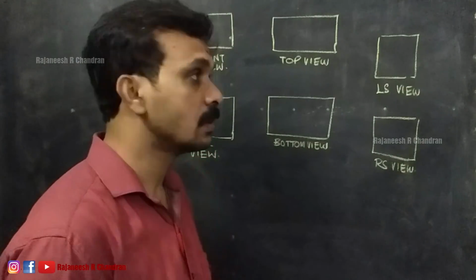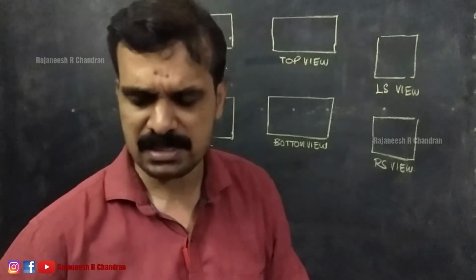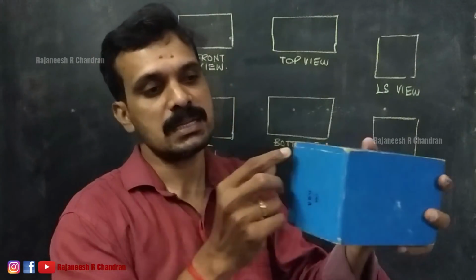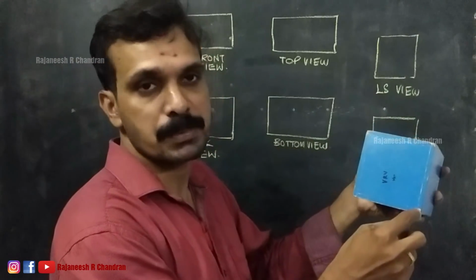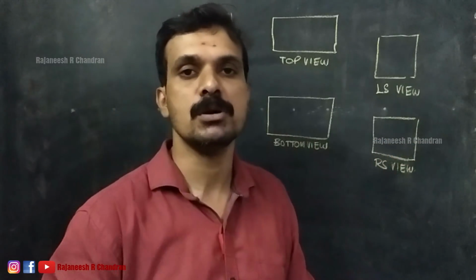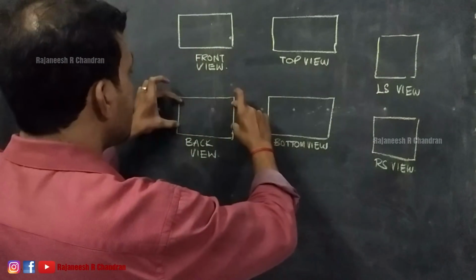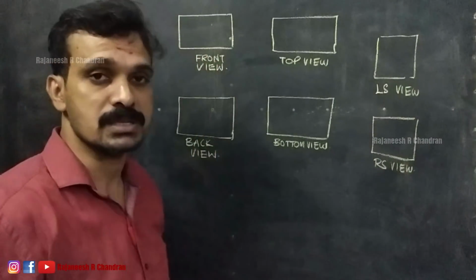Now, see, this is the front view and this is the back view, right? Suppose this is a rectangular block, and if this is a trapezoidal block like this, this rectangle and the back rectangle will be of different size, right? So that this will be of slightly less size as compared to this.